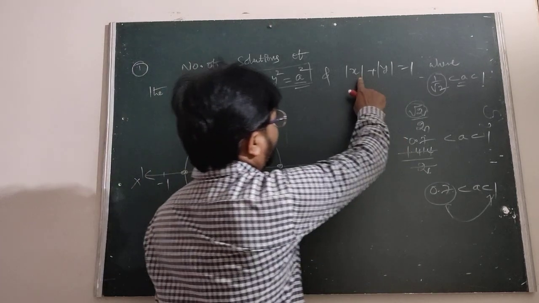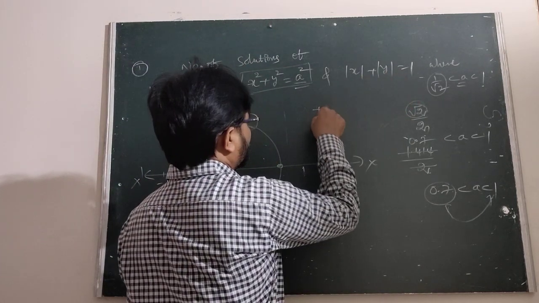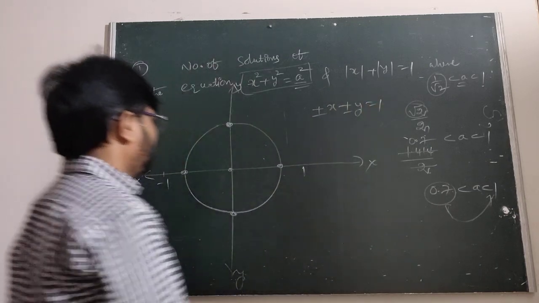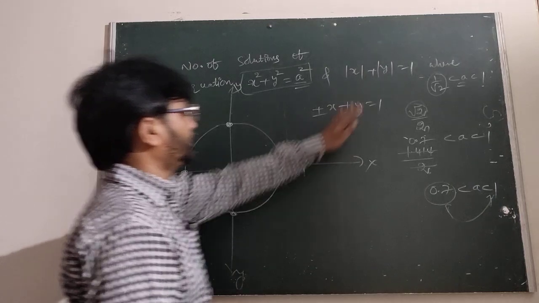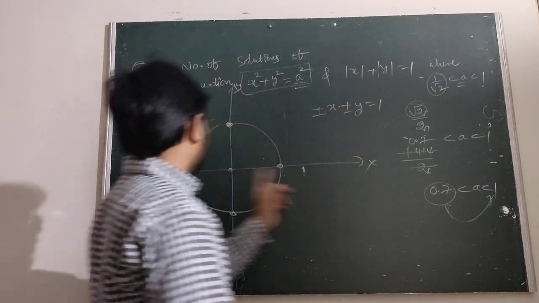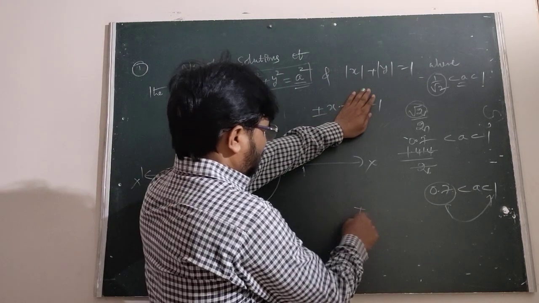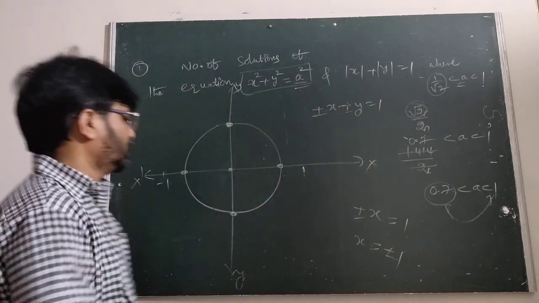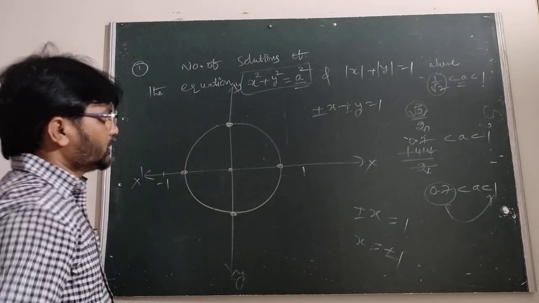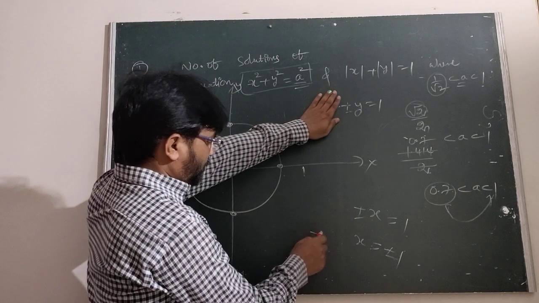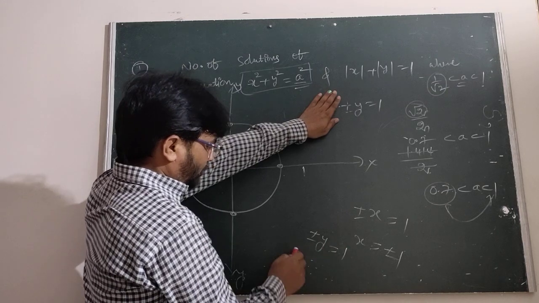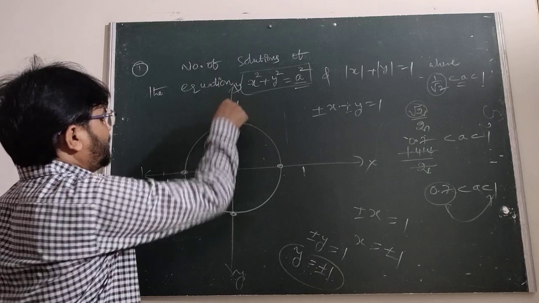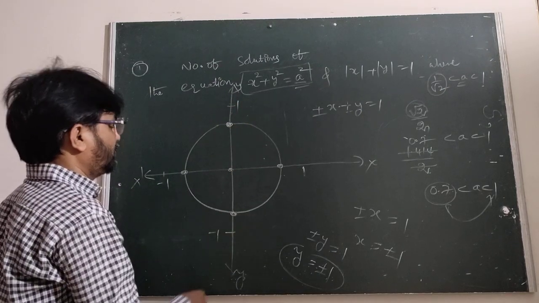So here mod x plus mod y equal to 1 means plus or minus x plus or minus y equals 1. Therefore, if you take y equal to 0, then plus or minus x equal to 1, that means x equal to plus or minus 1. That's why we take here 1 and minus 1. Similarly, if you take x equal to 0, then plus or minus y equal to 1, therefore y equal to plus or minus 1. This is the value of 1, this is the value of minus 1.